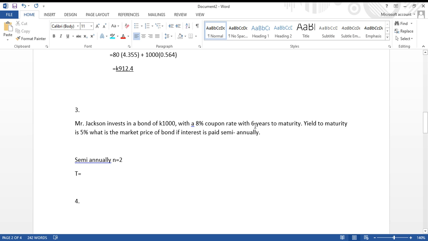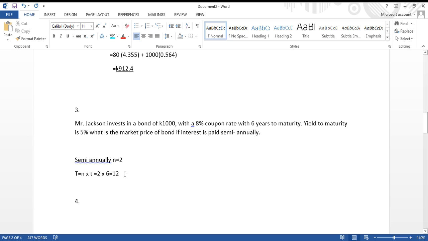Every year you'll be getting paid twice. In year one, you get paid twice. Year two, you get paid twice. So the total number of times you'll be paid is 2 times 6, n times t, which is 12. In 6 years, we're going to be paid 12 times.